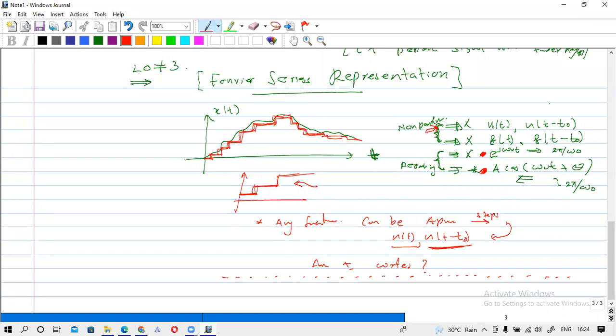Any arbitrary function, we can represent with the unit step function and shifted unit step function. That is the idea, and we have done this previously. I hope I have done some examples also. You can refer to the lectures and the LMS page.